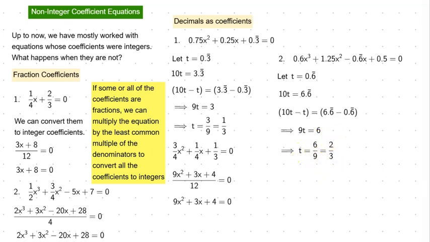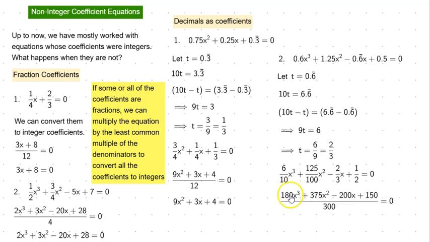So our equation becomes 6 by 10 x cube plus 125 divided by 100 x square minus 2 by 3 x plus 1 by 2 equal to 0. Simplifying, we get (180x cube plus 375x square minus 200x plus 150) divided by 300 equal to 0, which gives us our familiar integer coefficients.